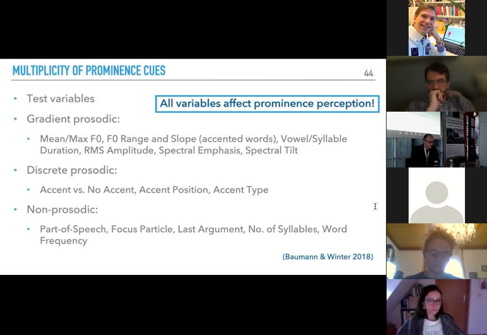And a confirmatory analysis revealed that each variable had an influence on prominence perception in the expected direction. So we have really a vast amount of different variables that do have an influence on prominence perception.